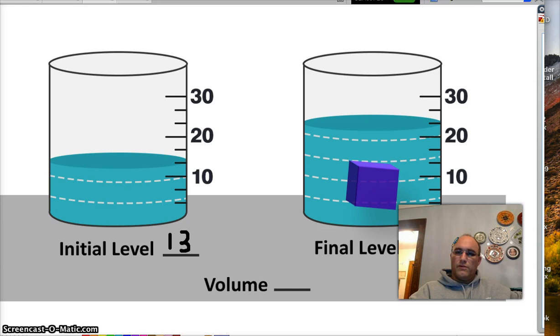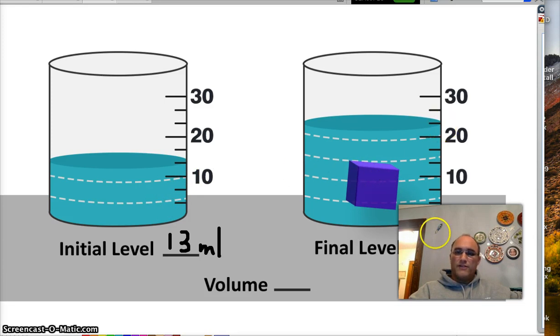Now, before anybody realizes my mistake, I'm going to use units because you always need to use units when you measure stuff. The final volume is 23 milliliters. That's the water plus the cube. Well, we started out with 13, we added this thing right there, and now we went up to 23.